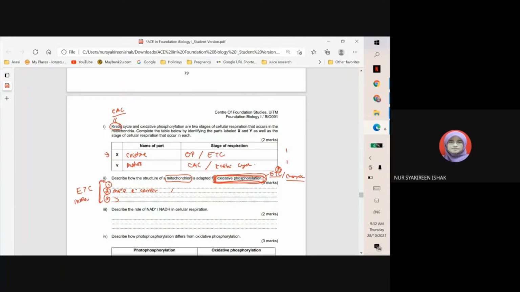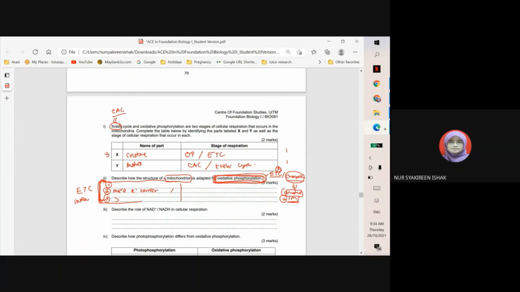Tapi kalau untuk chemiosmosis apa pula? Chemiosmosis ni dia melibatkan dua region. The first region is matrix and the second region is the intermembrane space. Please, saya je yang akan buat short form ni, awak jangan. You have to spell the full name of the term, intermembrane space.